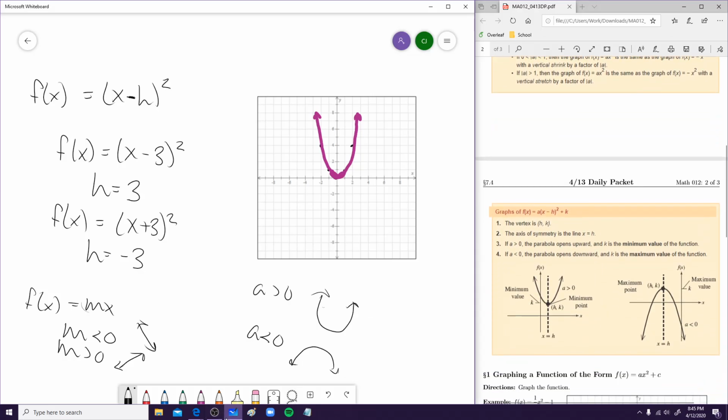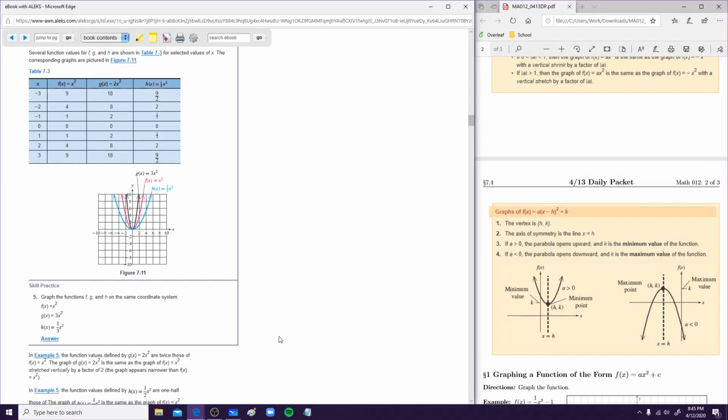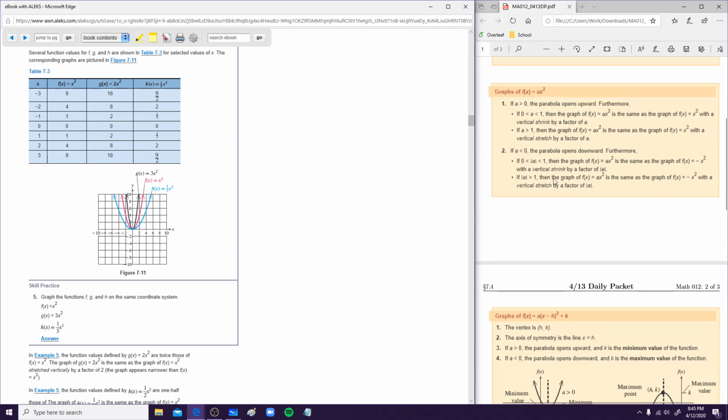Right? So since you guys saw the other ones, what do vertical and horizontal shrinks look like? In this case, I don't know why they changed the colors, but this time f of x is pink. As you can see, g of x has a equal to 2. Since 2 is greater than 1, you can tell that it stretches.